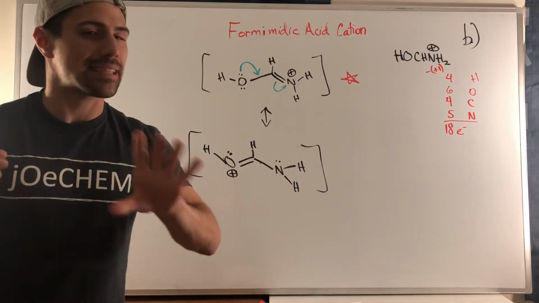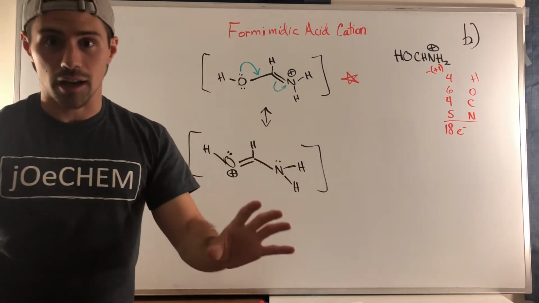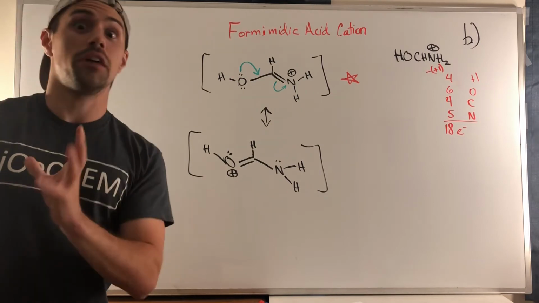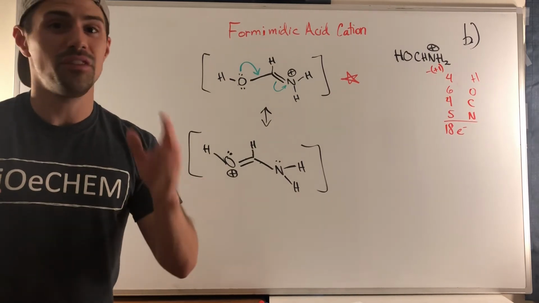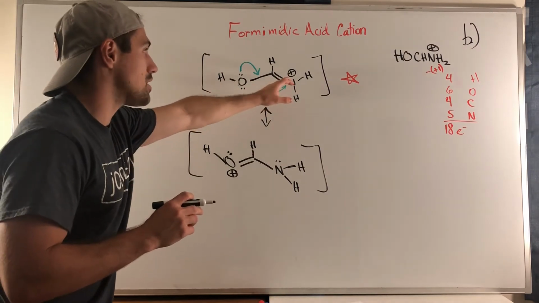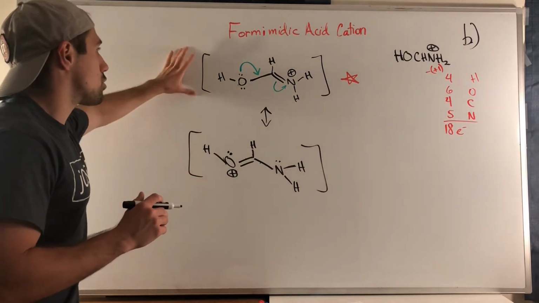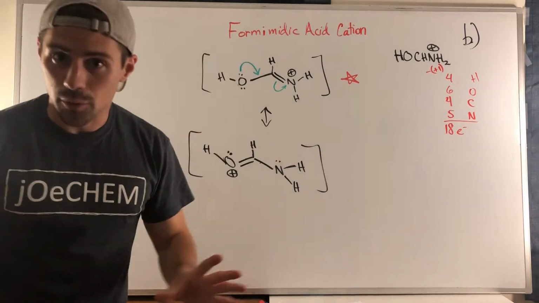Nitrogen is like our best case scenario. It's better for nitrogen to be positive than oxygen, because oxygen loves being negative so much that being positive, big thumbs down. So this structure is better. It's better to put the positive on the nitrogen versus the oxygen. So of these 2, this structure contributes more to the overall resonance hybrid.